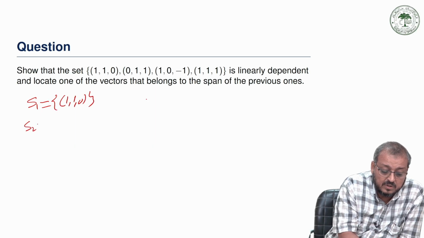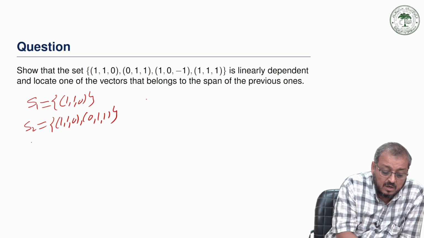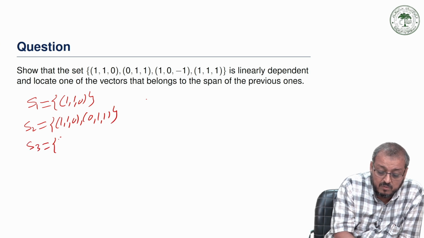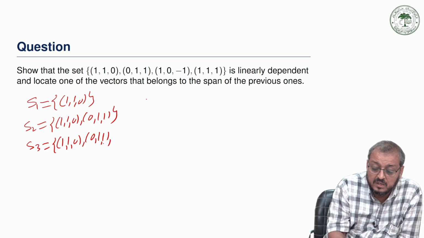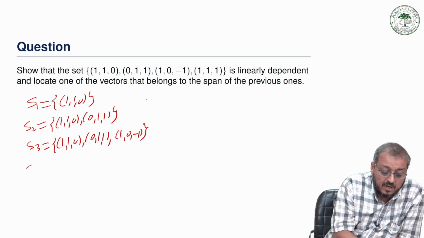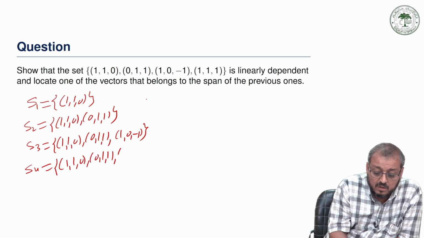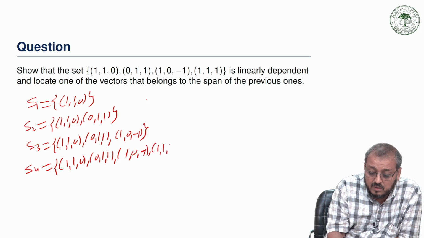Now we start S2, which is equal to 1 1 0 and 0 1 1. Now we have S3, which is equal to 1 1 0, 0 1 1, and then 1 0 minus 1. And now S4 is equal to 1 1 0, 0 1 1, 1 0 minus 1, and then 1 1 1.